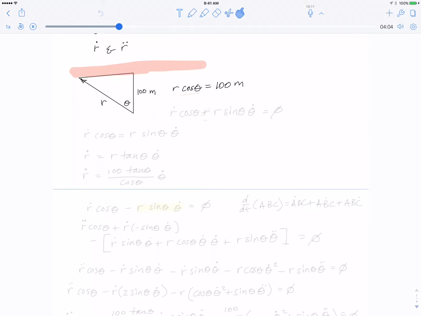So if you take the derivative of that, you get r dot cos theta plus r sine theta, using the chain rule, theta dot equals 0. I just double checked, and the derivative of cosine is actually minus sine. So that should be a minus there.